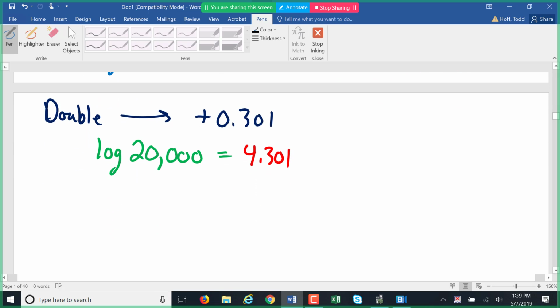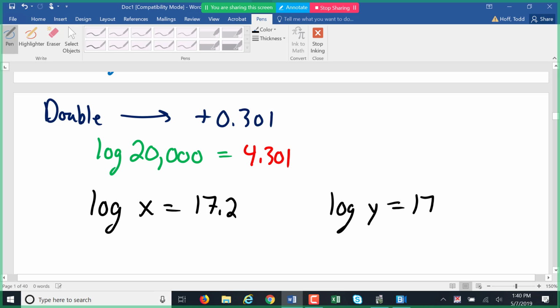This makes for some really interesting quirks in logarithms. If I tell you that log base 10 of x is 17.2 and log base 10 of y is 17.802, I actually have totally defined the relationship between x and y right now.